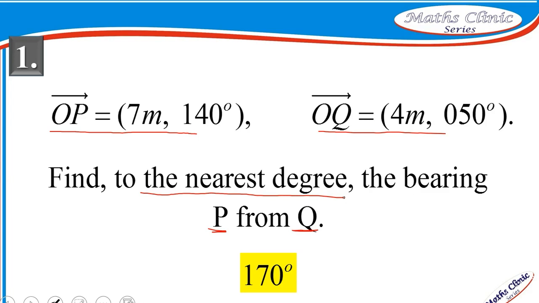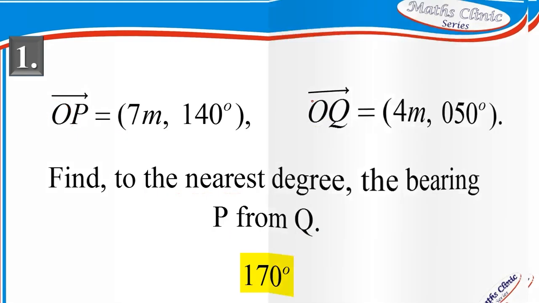Now, let's look at the detailed solution of this. The vector OP has been defined and the vector OQ has been defined, which means that O is the origin here, and the bearing is going to be taken from O as the starting point.